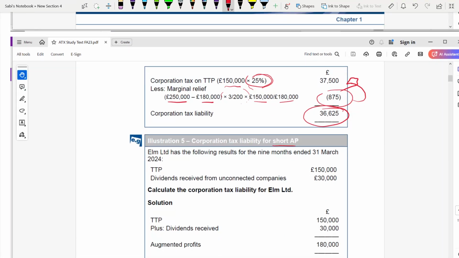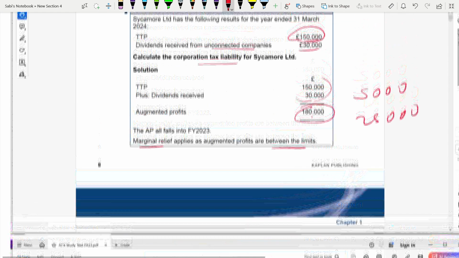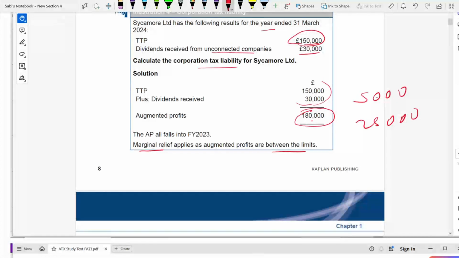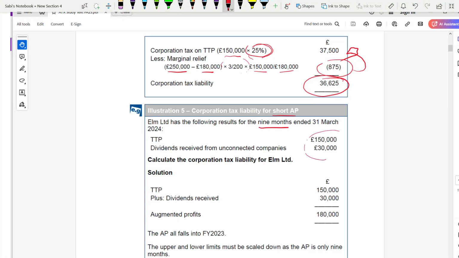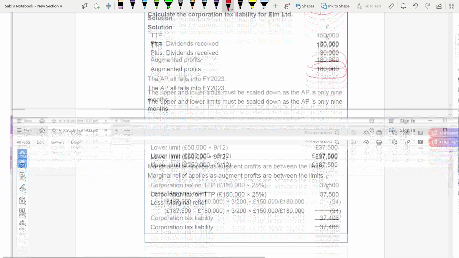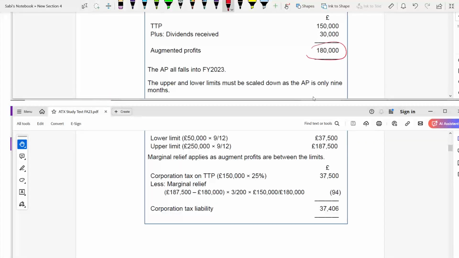Now, corporation tax liability for a short AP. Calculate corporation tax. Here, this is for 9 months only. Earlier, in illustration 4, it was for the year ended, that means 12 months, so you didn't have to time apportion. Here, you have to time apportion for 9 months. Here also it is the same. You add both and get the augmented profit of 180,000. So it's the same, it would be 37,500 only. Only this will change, because you have to adjust the lower limit and upper limit.